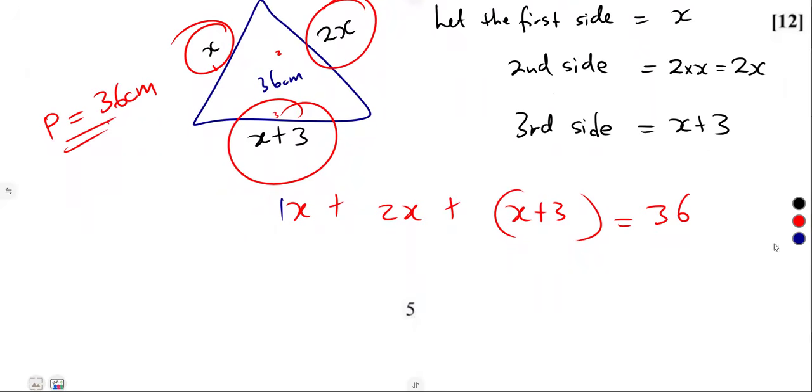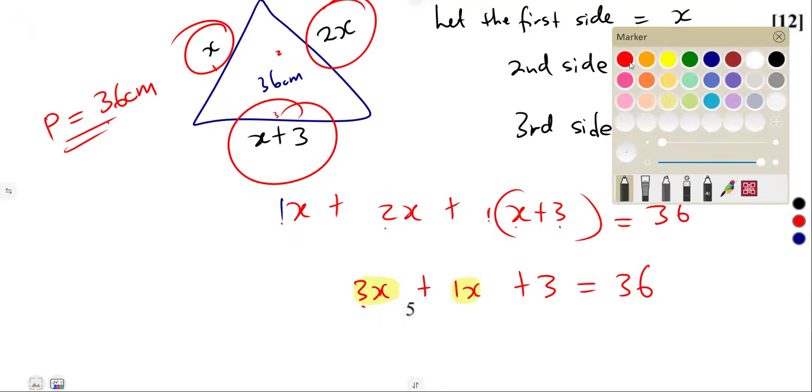So this is the same as 1x. So 1 plus 2, that is 3x, plus, expanding this bracket is just like there's a 1 here. So 1 times x, that's 1x. 1 times 3, that's 3, equal to 36. 3x plus 1x, those are like terms. So you add 3 plus 1, that's 4x.